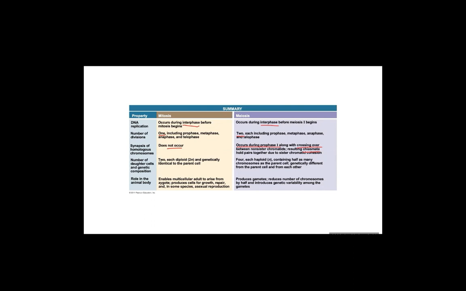The number of daughter cells: 2 daughter cells are produced from mitosis, 4 daughter cells are produced from meiosis, and each daughter cell is haploid. In the case of mitosis, there are two daughter cells, but each daughter cell is diploid. And from mitosis, each daughter cell is genetically identical.